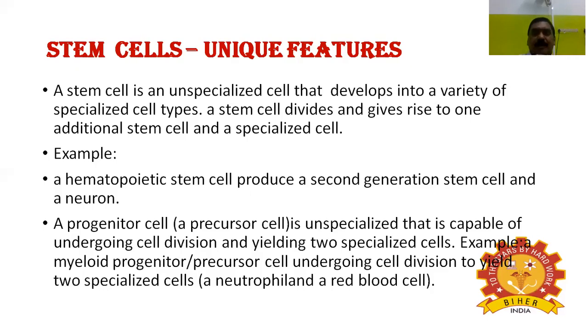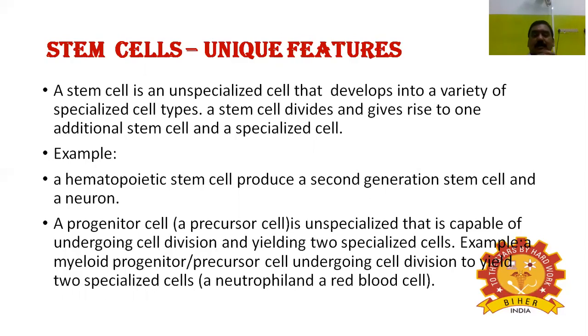For example, I can say hematopoietic stem cells. The hematopoietic stem cell produces a second generation of stem cell and a neuron. And a progenitor cell is a precursor cell, unspecialized, and capable of undergoing cell division and yielding two specialized cells.